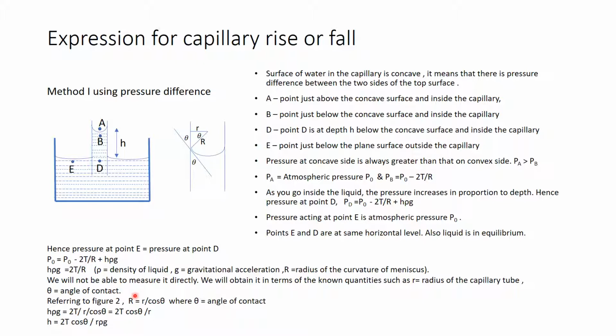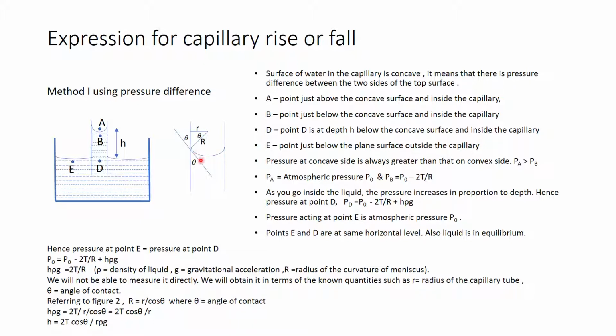So, if you know small r and if you know theta, you can find out capital R. For that, refer to diagram 2. This is the meniscus. If you complete the circle like this, then this is the center of the circle, and therefore this capital R is what? Capital R is the radius of curvature of the meniscus. Are you getting it? It is the radius of curvature of the meniscus.